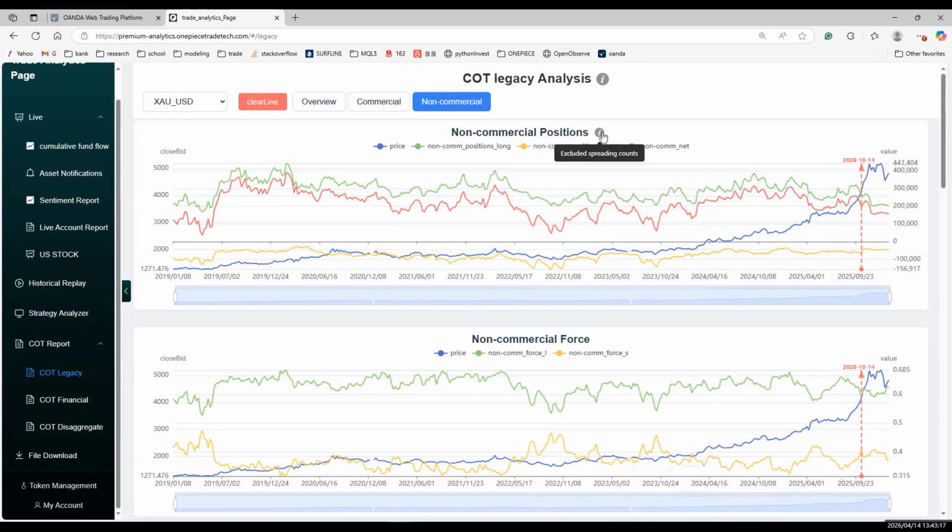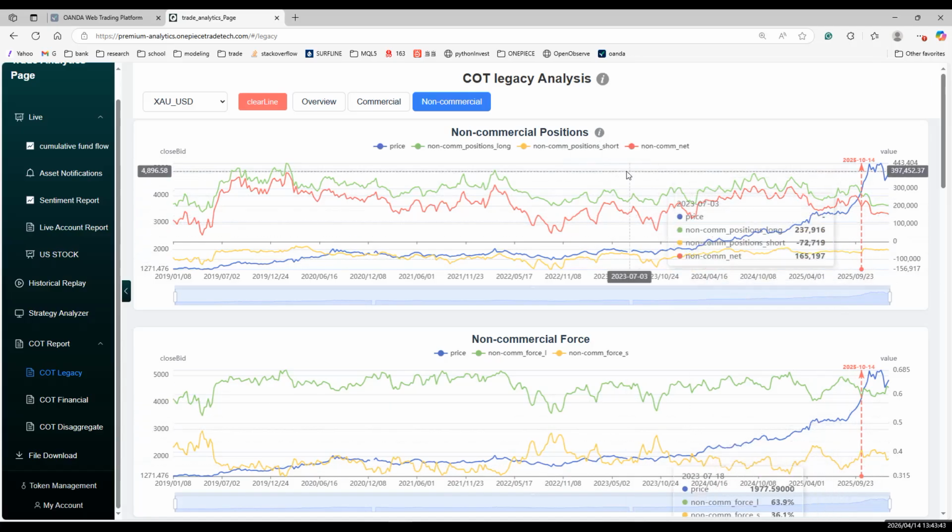Spreading is just the number of contracts that are canceled out, the detailed information I will not go over, but the spreading count does not affect the net exposure of the non-commercial trader category. So we exclude these numbers.